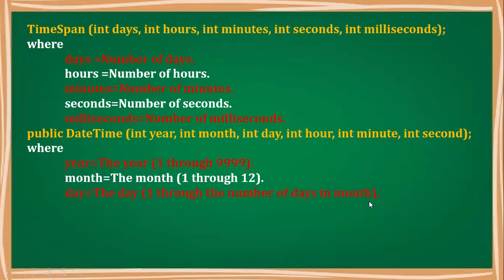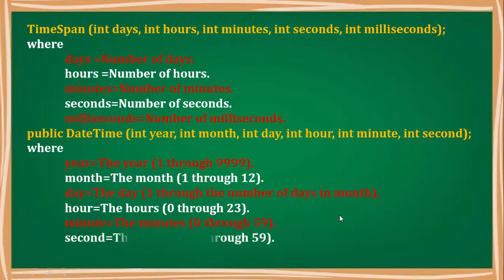So this is a dynamic function because sometimes the days of the month will be 30, sometimes 31, and sometimes 28. Next, hours will be 0 to 23 because we are having a 24-hour clock. Next, minute will again be 0 to 59. The next, second, is 0 to 59.